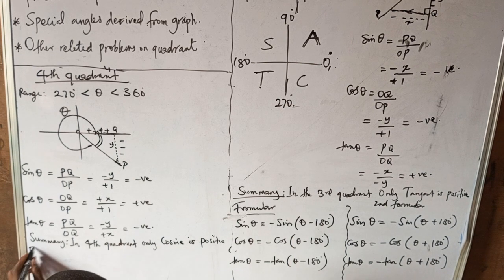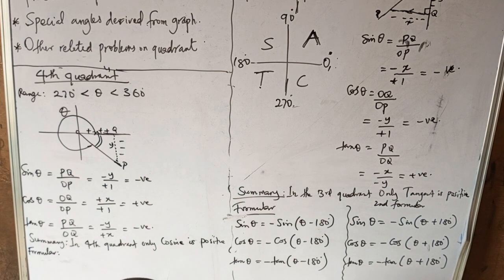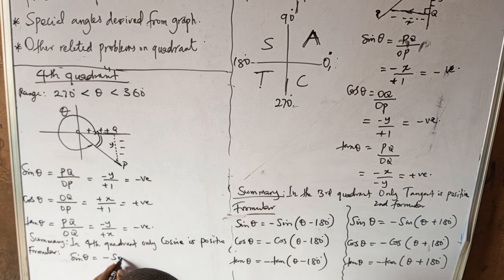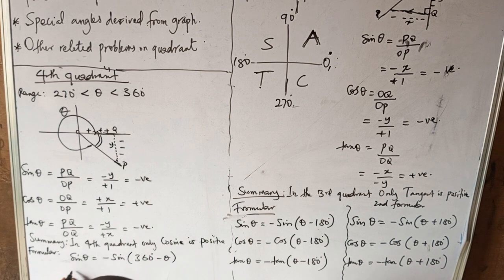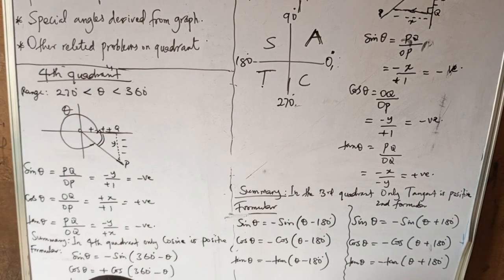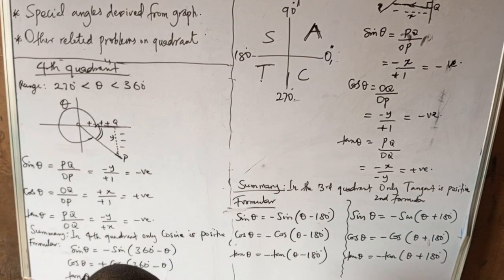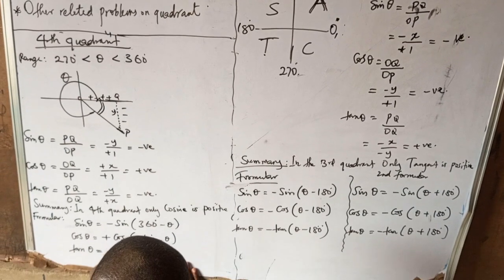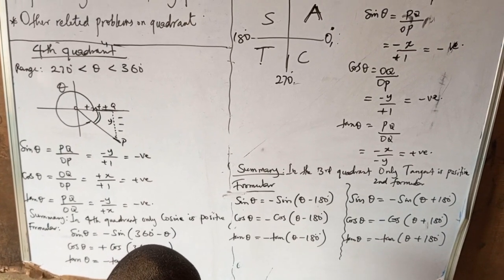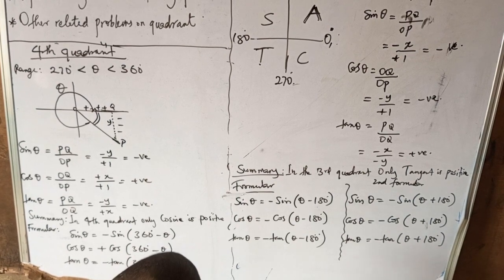So the formula for the fourth quadrant: we have sine theta equals minus sine into 360 degrees minus theta. Cos theta equals plus cos into 360 degrees minus theta, and tan theta equals minus tan into 360 degrees minus theta.